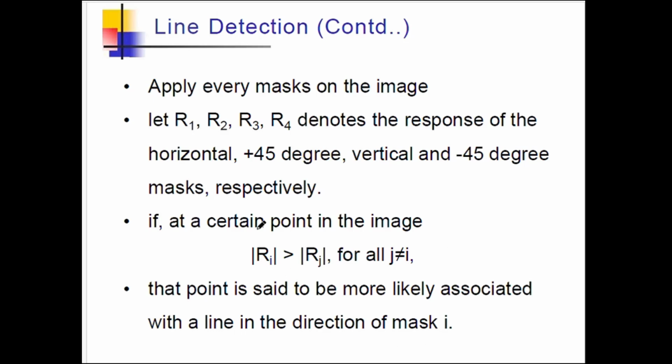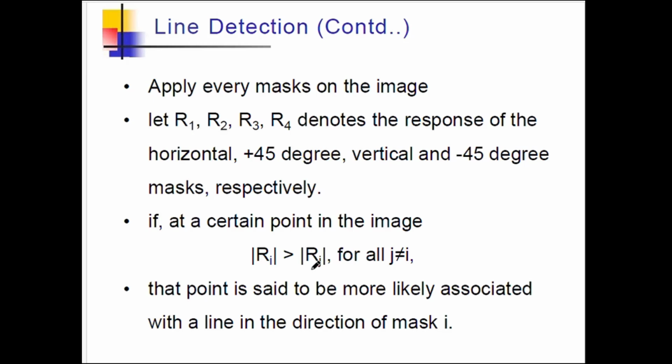What is the meaning of this? Suppose R1 is the response when you apply the horizontal mask on the image. If it is greater than R2, what is R2? The plus 45 degree mask. If the response for the horizontal mask is greater than the plus 45 degree mask, then what does it indicate? It indicates the line is in the horizontal direction.